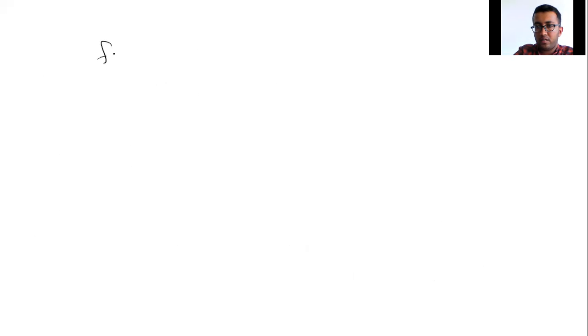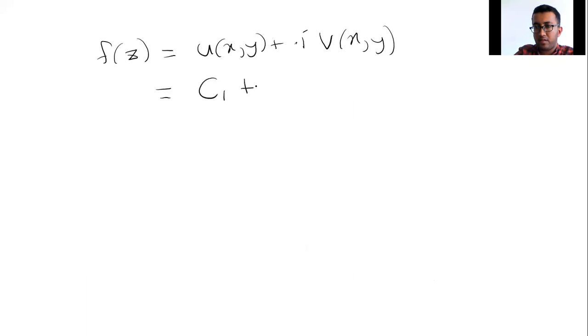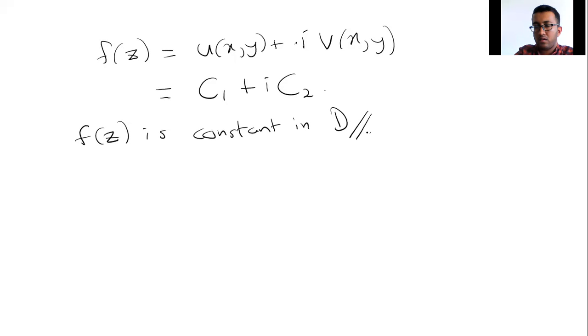So now I showed that f(z) equals u(x,y) plus i into v(x,y), and this is c1 plus i into c2, right? So these two are constants, therefore f(z) is constant in D, right?